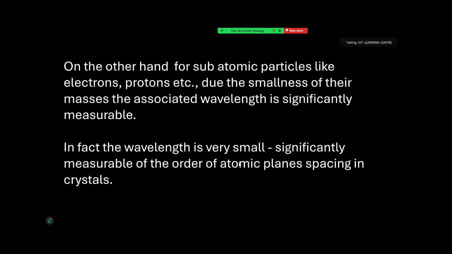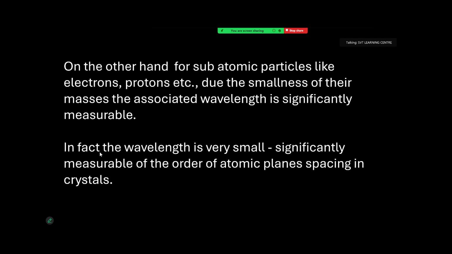On the one hand, for subatomic particles like electrons and protons, due to the smallness of their mass, the associated wavelength is significantly measurable, of the order of atomic plane spacing in a crystal. That means it is very close to the distance between atoms or the planes formed by atoms in a crystal. And this point is important when we look at experimental verification of de Broglie's waves, which we could do in the next session.